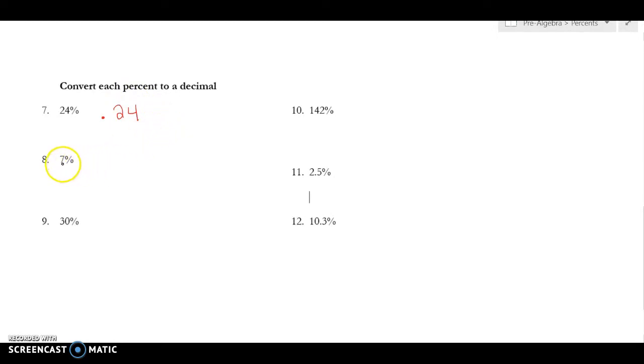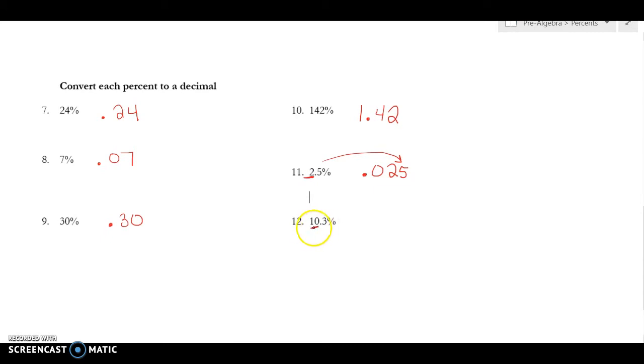All right, so hopefully you tried them. 7% is 7 cents. 30% is 30 cents. 142% is 142 pennies, so it's $1.42. This one's tricky. I have 2 whole percent, so that's 2 cents. And then remember, I just bring over the last number because I'm only worried about the cents.